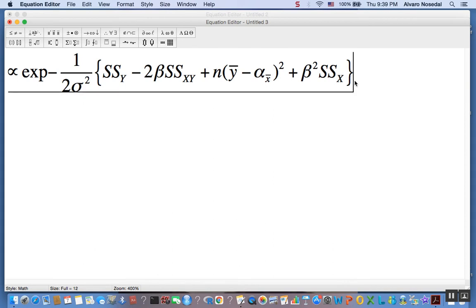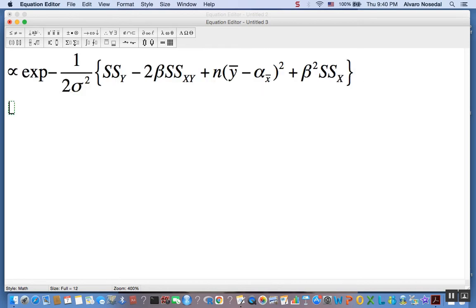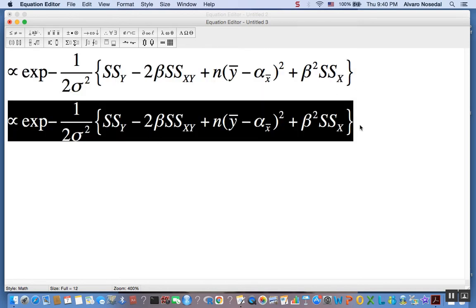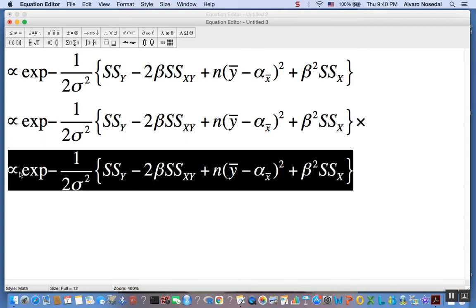Now note that we have terms that have to do with alpha, only one, and terms that have to do with beta, and one that doesn't have to do with any of them. So let me just rewrite this as follows. Okay, I'm going to rewrite this as the product of two exponentials, the following two exponentials.